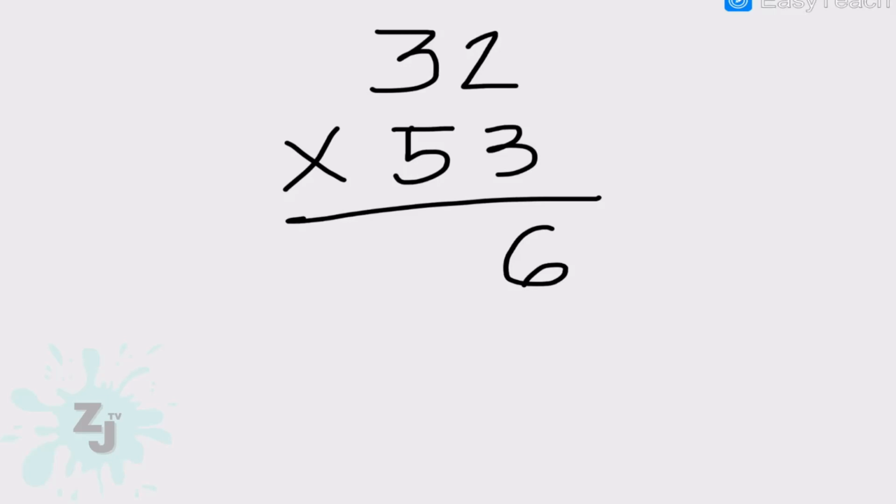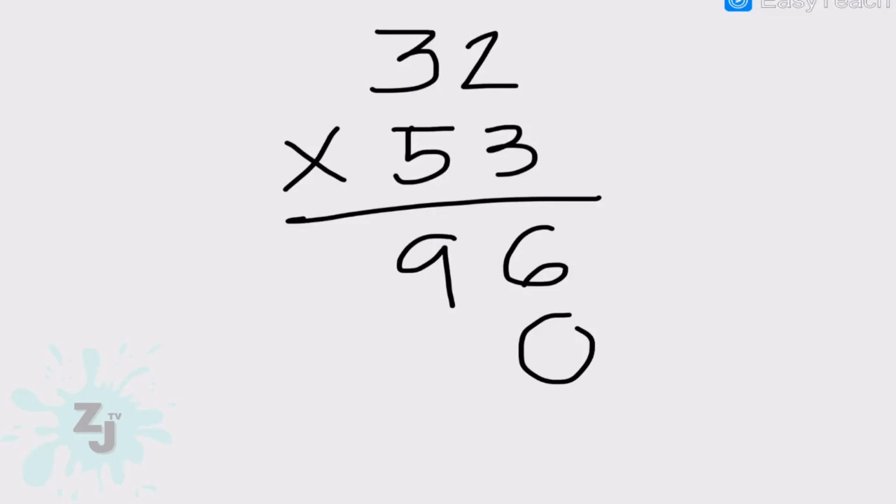We must multiply 3 times 3, that is 9. And before we proceed to the next step, we must bring down 0 beneath the number 6, so that the preceding digits will move to the left.